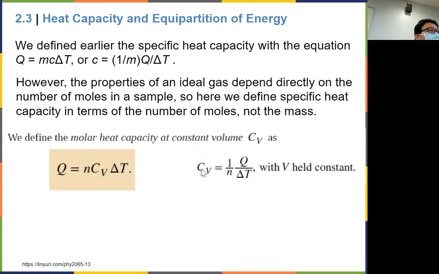You can rewrite the equation: the molar heat capacity CV is equal to 1 over n, Q over delta T, with V constant.